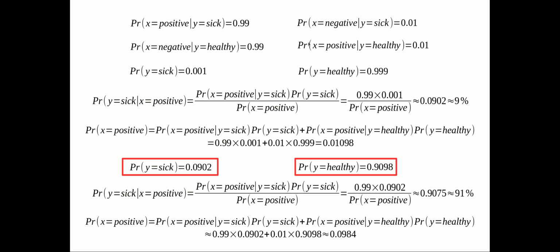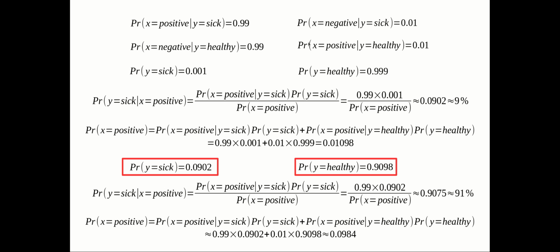So Y equals healthy, and X equals negative has 0.99 probability, and these two numbers should add up to 1. So if Y equals healthy but X equals positive, the test was wrong in this particular case, and the probability is 0.01, right?